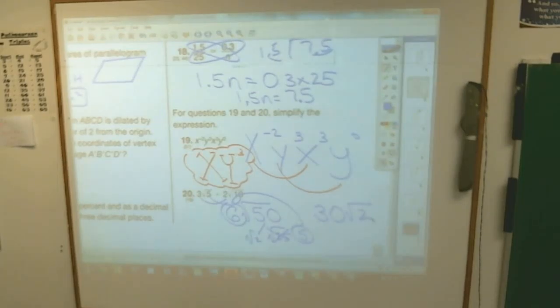30 square roots of 2 is about what? There's really not a wrong answer. There's a bad answer, but it is wrong. 15. Would 15 be a good answer, Claire? Why not? 30 square roots of 2's.